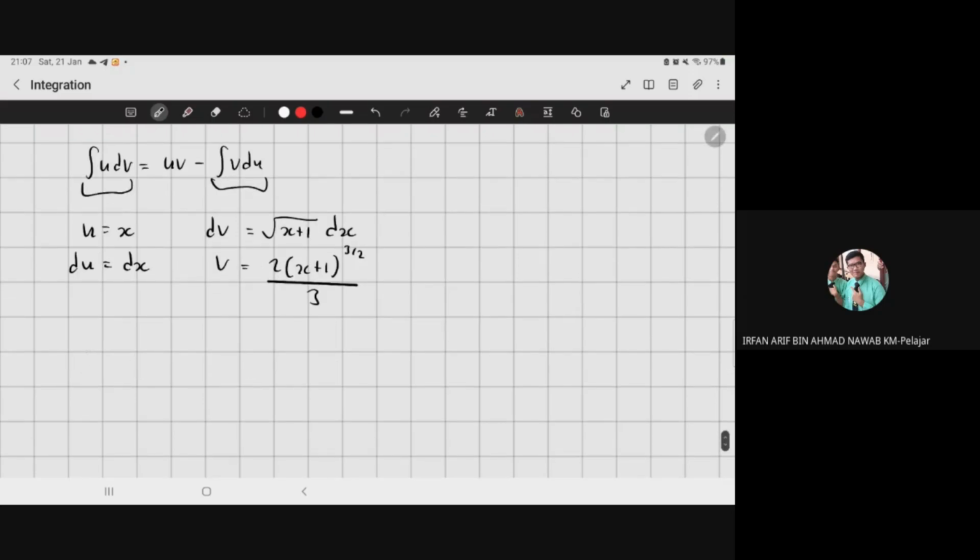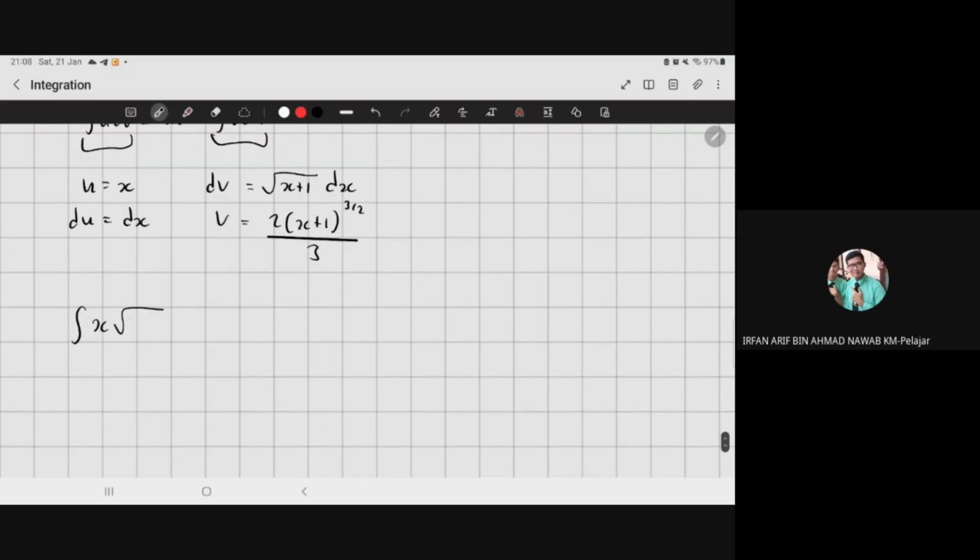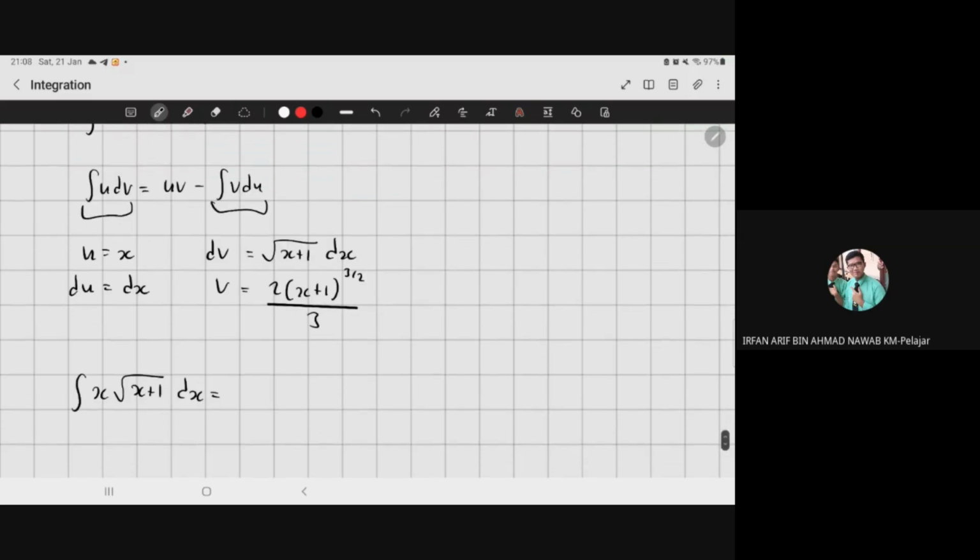So now integral for x times with the square root of x plus 1 dx is equal to x times 2 times x plus 1 to the power of 3 over 2 over 3.